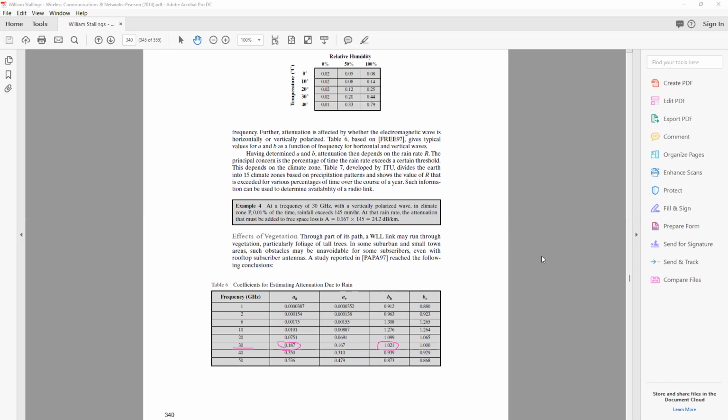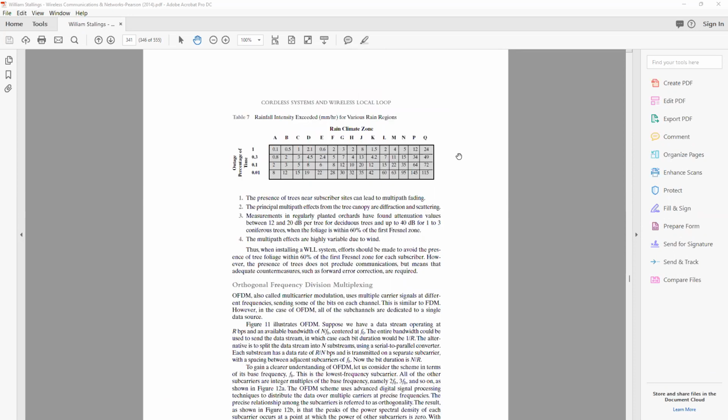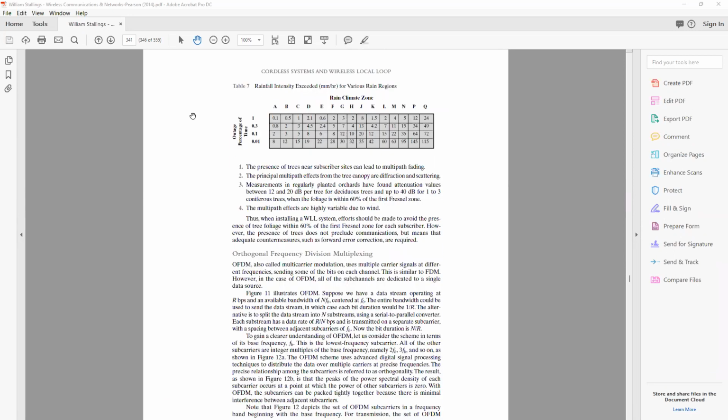So once we have identified the coefficients for A and B, the next thing is to determine the rain rate, isn't it? That is used for the calculation of the attenuation of the rain. So we go back to this particular table. Remember, this table is given in your textbook on page number 341.